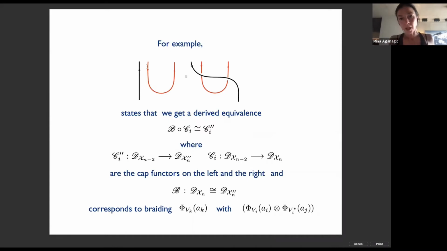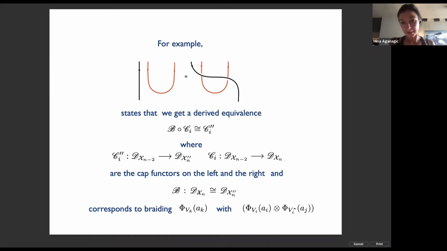So, for example, to prove this relation, the relation is a statement that the composition of functors on the left and the right are equivalent, where the two C's are the cap functors on the left and on the right, and B is the braiding functor that corresponds to doing this braiding.